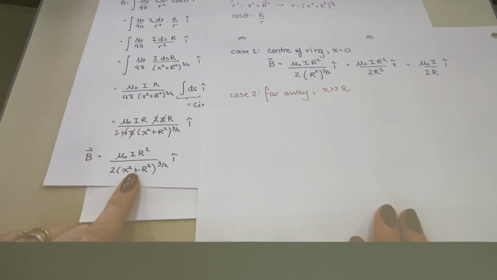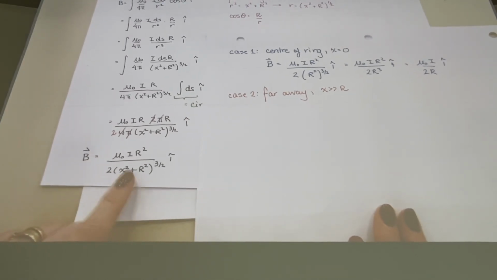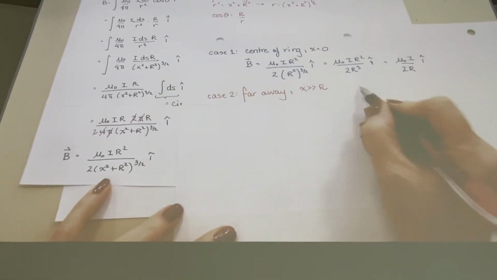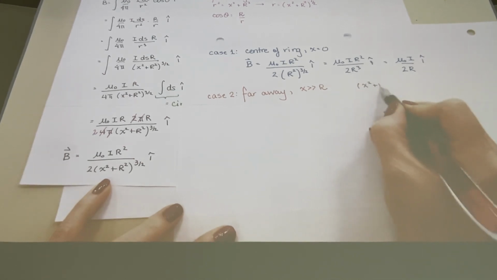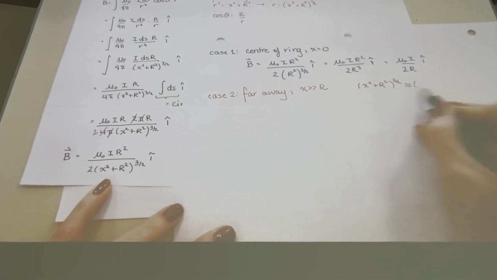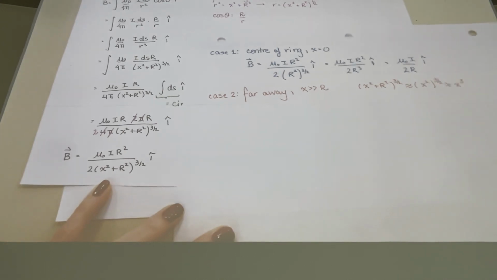So here's our equation. The place where x comes into play is the denominator. Let's see what happens to our denominator if x is pretty big. If x is much bigger than r, then (x squared plus r squared) to the 3 over 2 is about equal to x squared to the 3 over 2, which is about equal to x cubed.